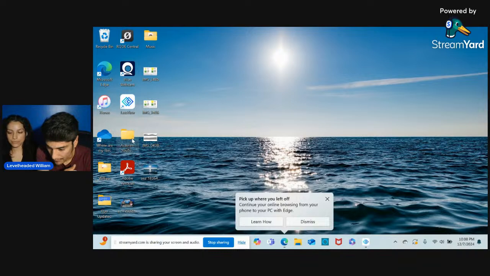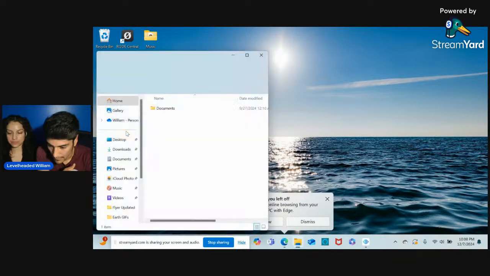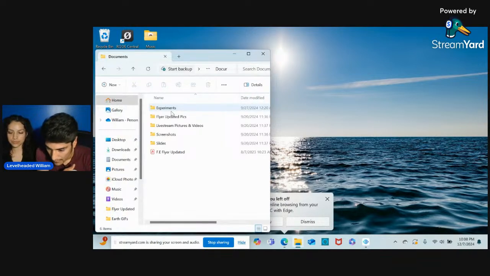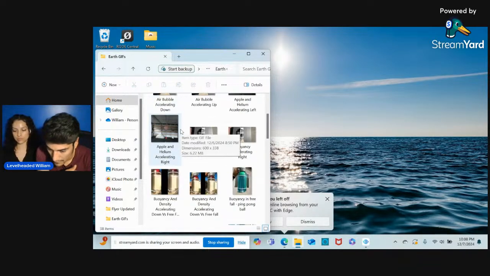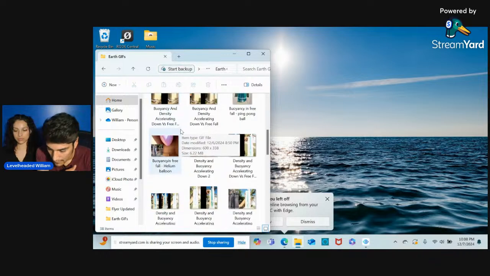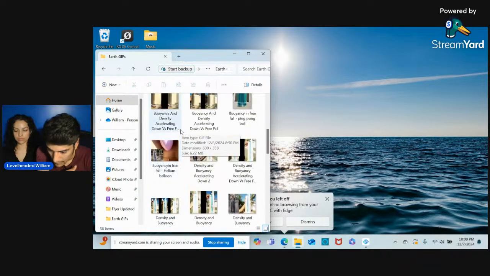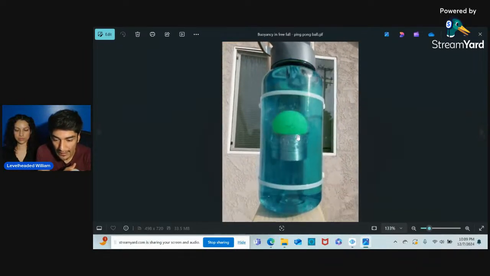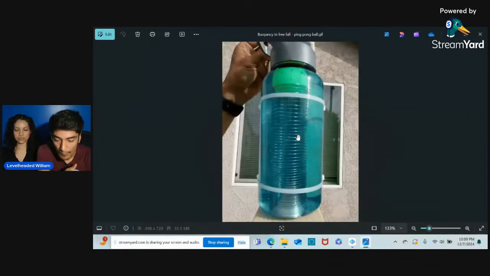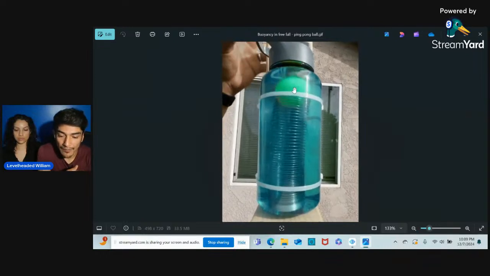I'm still sharing. Cool. Okay. Again, when connected to the Earth, we can experience a pressure gradient. The less dense is being pushed to the top.